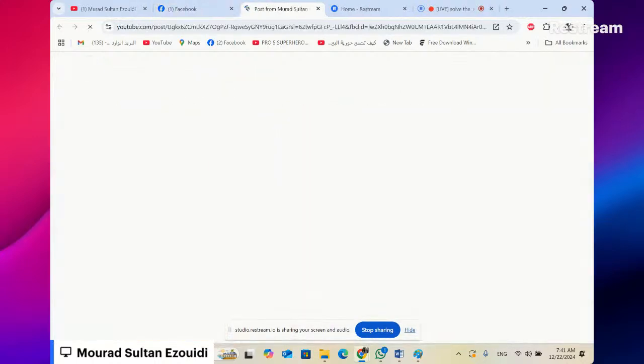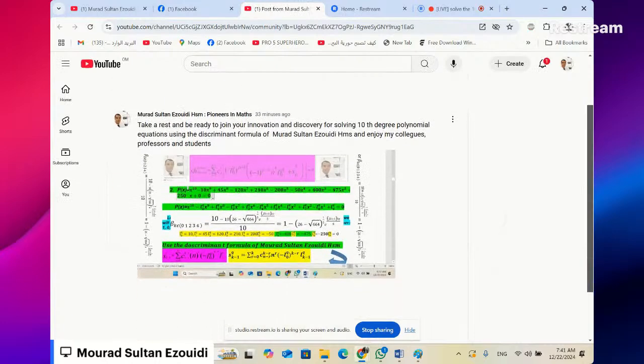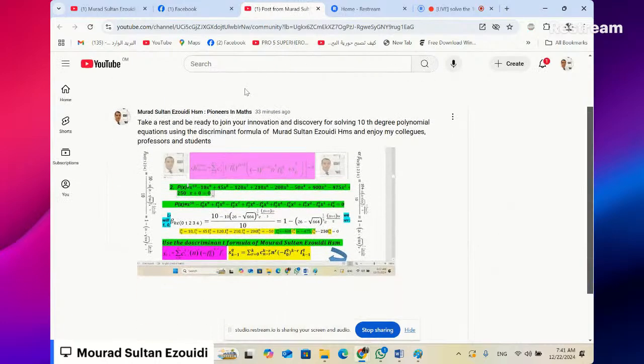This is the problem to the power 10 matrix. Take a rest and be ready to join your innovation and discovery for solving 10th degree equations using the discrete formula of Mr. Mourad Sultan Ezouidi, and enjoy your lecture, my colleagues, professors, and students.